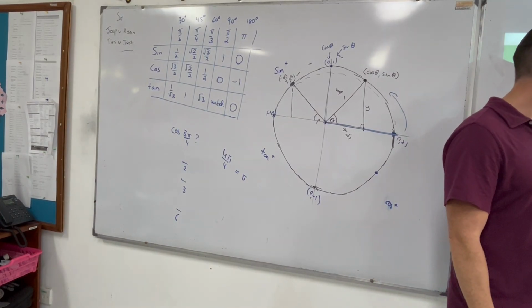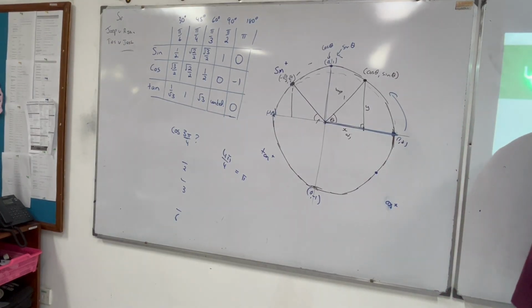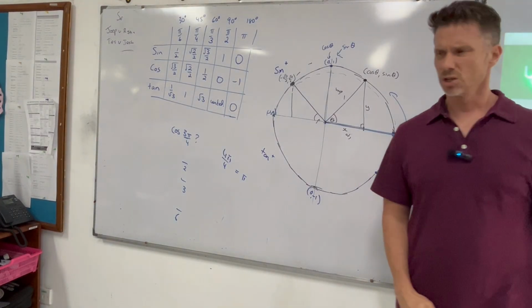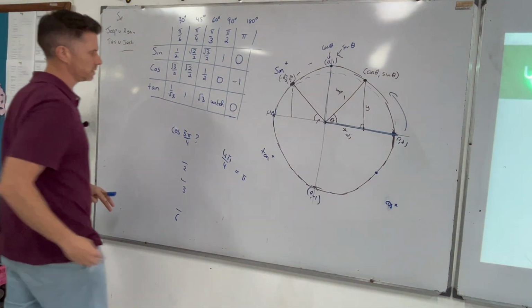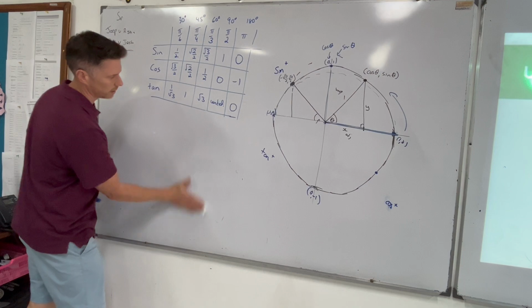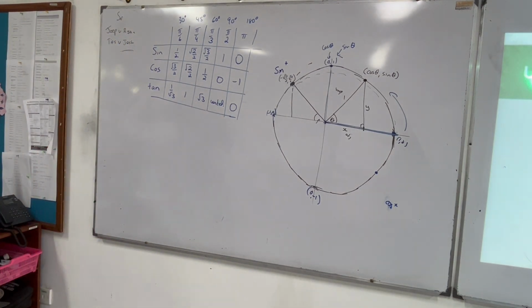Sine and cosine are both negative in this quadrant, cosine is positive in this quadrant, and so on. This is review from GCSE, so let's look at how we get these angles, where they sit, and what their cosine and sine values, ratios, are.